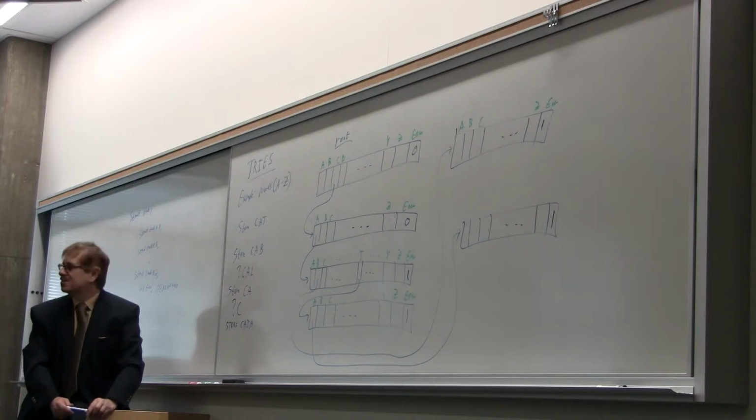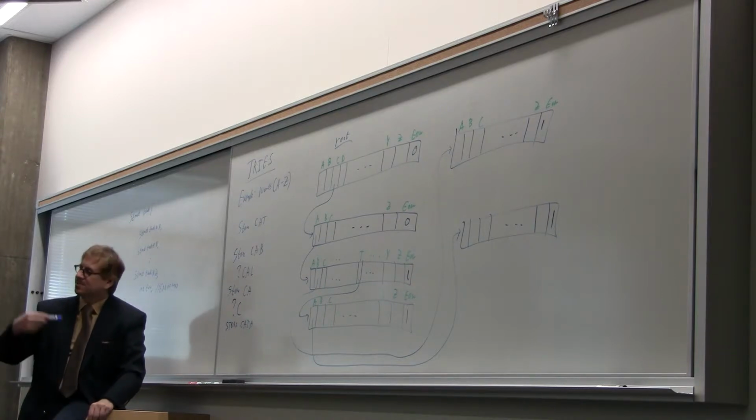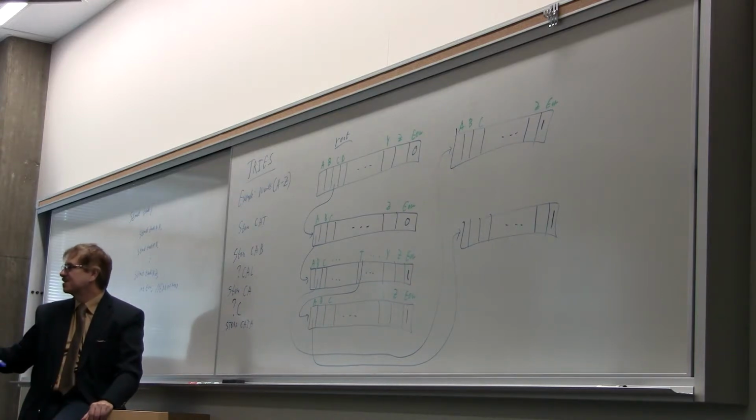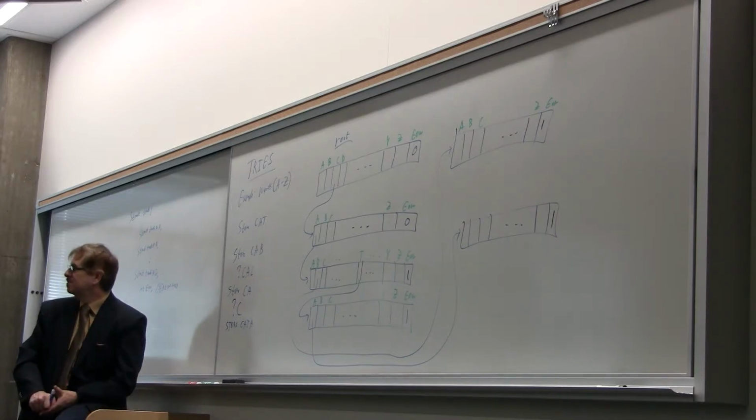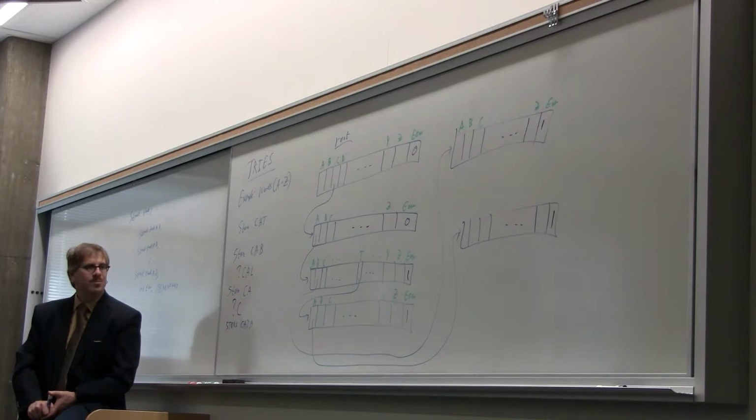It's very costly memory-wise. If you were to do a dictionary where you have lots of words that start with the same 5 or 6 letters, you're going to have a huge number of T nodes. Eventually, you're going to have a T node for every word that's stored in here.